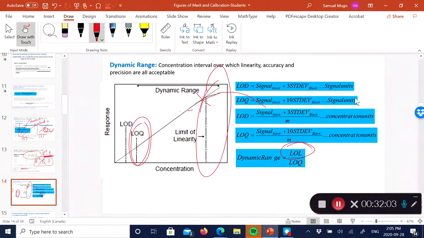And so how do you get that? You just take the same equations here, in sigma units, and then you divide by the calibration sensitivity. So the limit of detection in concentration units is equal to the sigma of the blank plus 3 times the standard deviation of the blank, divided by the M, which is the calibration sensitivity. And same thing with limit of quantification. The only difference is that multiple of 10.